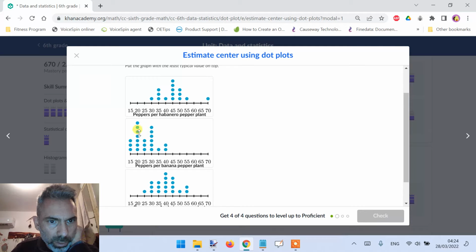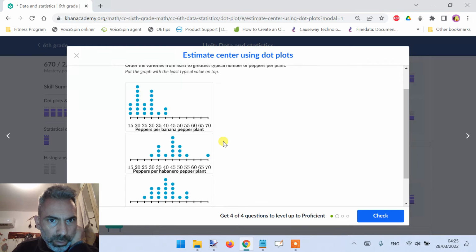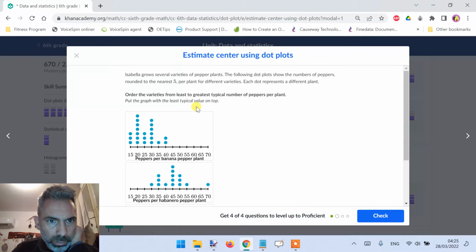Here it's somewhere around 25, it's more typical. And so this is obviously the least typical value, on the top. Okay, least typical number of peppers per plant.